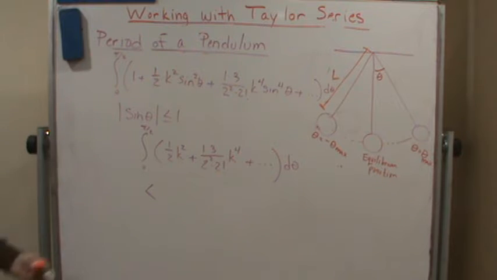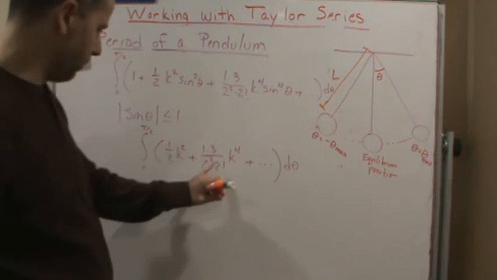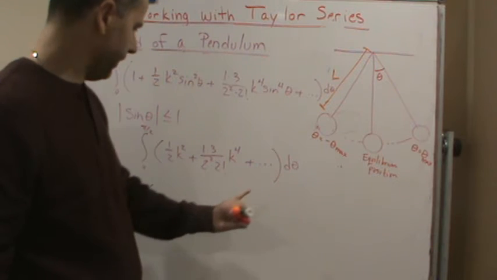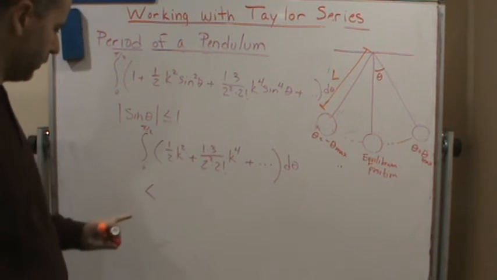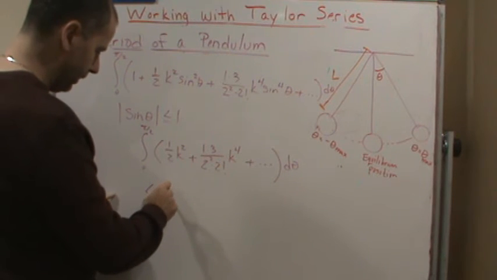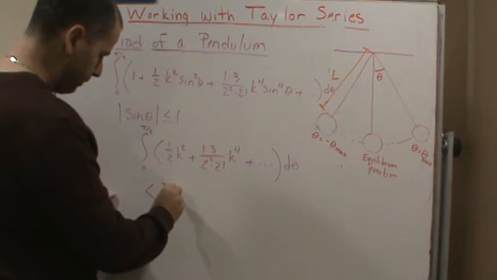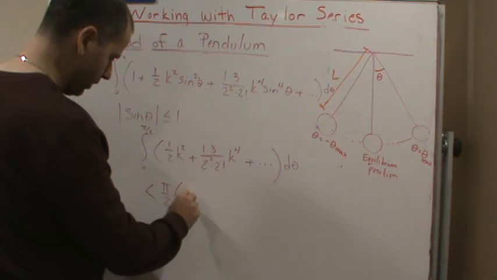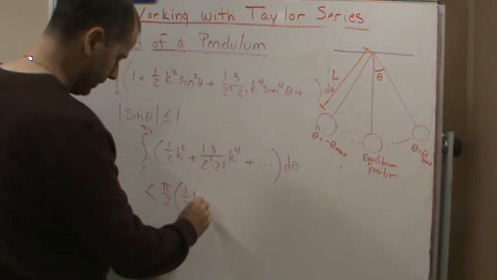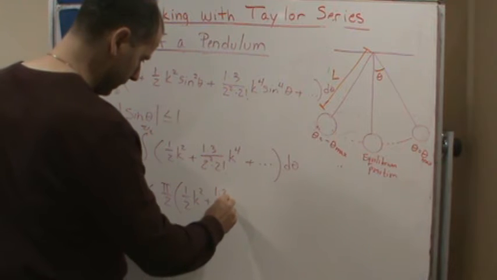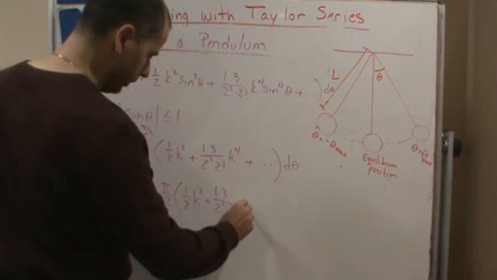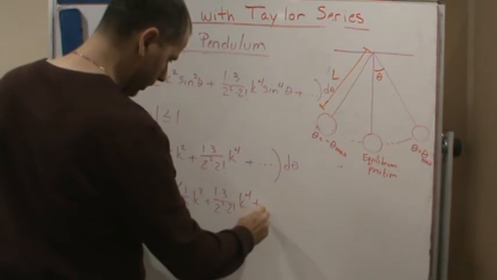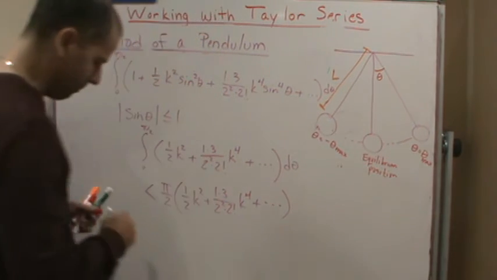All of these are constants, so if we integrate, we're just going to get theta, evaluated at pi over 2. So this is going to be less than pi divided by 2 times 1/2 k squared plus 1 times 3 over 2 squared times 2 factorial, k to the 4th, plus, and so on.